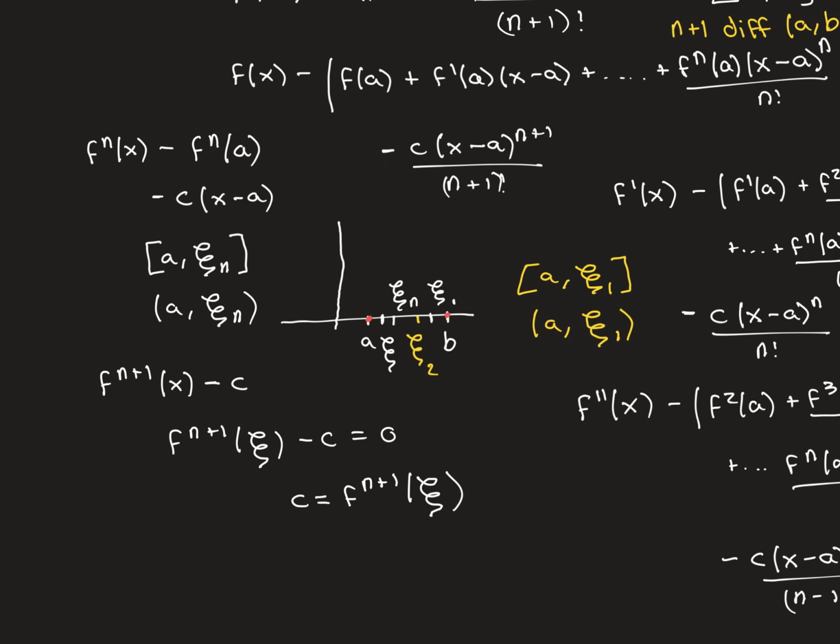But then look at what the n plus 1th derivative of our function is equal to. It's just equal to this thing over the entire interval from a to b, but certainly over the interval from a to xn. So you then plug in this magic value xi, which is guaranteed to exist, and it must be the case that this is equal to 0.